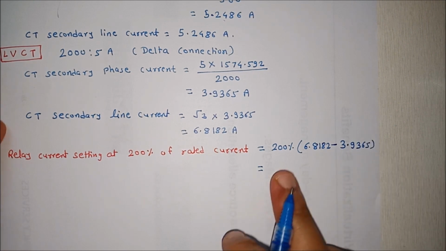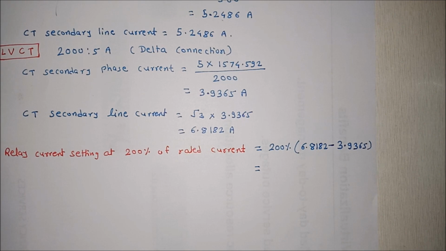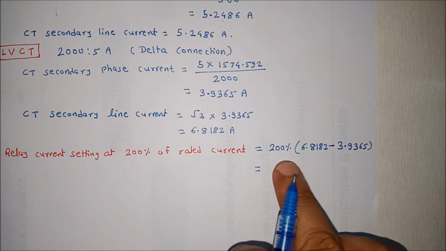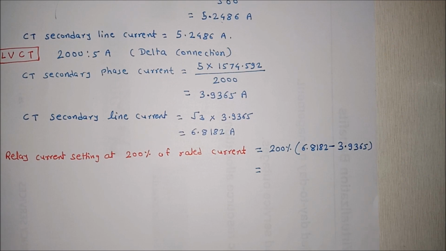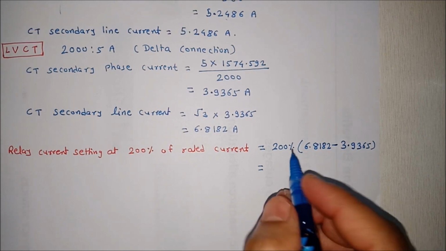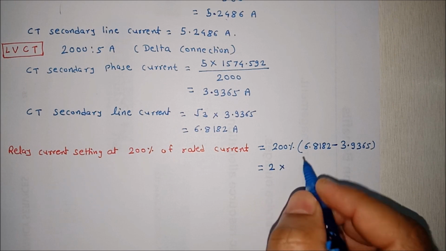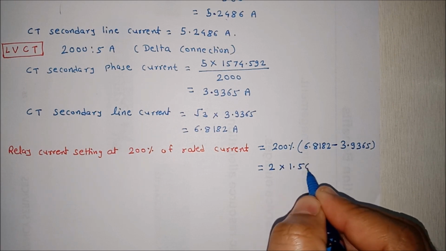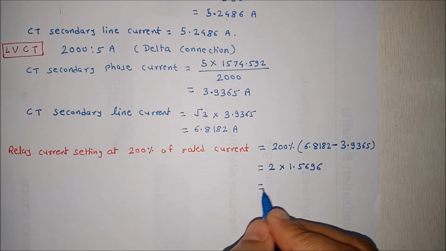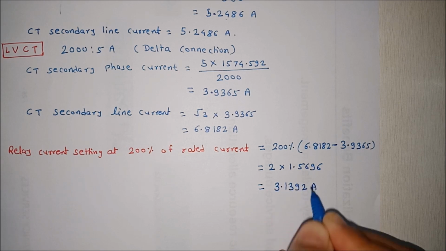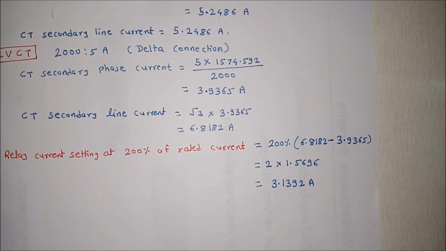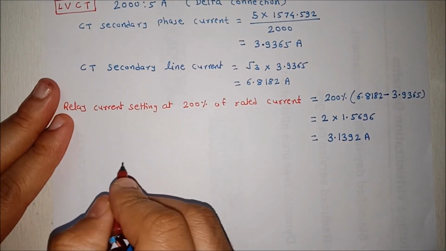The meaning is that when a fault current is 200% of the rated current, only then should our relay operate, meaning double the rated current. Now if I put this, it will be 2 into 1.5696, so that is 3.1392 ampere.